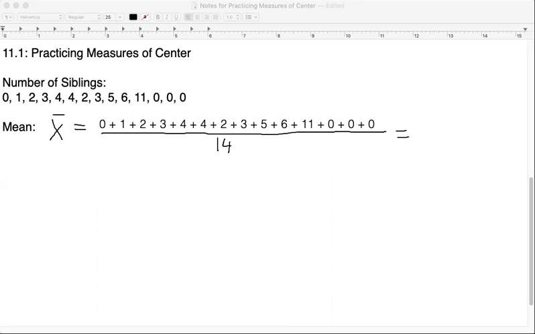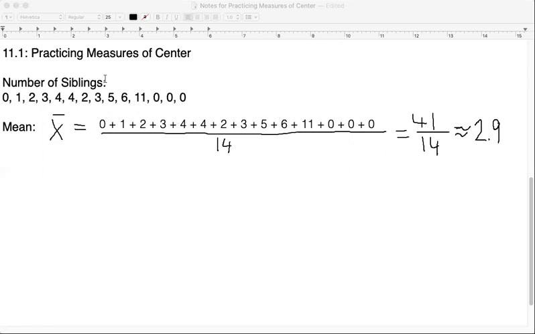Divided by 14, and what we end up getting is 41 divided by 14, which ends up being approximately equal to, I'm going to use this squiggle because I'm going to round, 2.9. It's actually like 2.928 something, but it's approximately 2.9. The 14 is just the number of students. So we have a mean of 2.9. It's just the arithmetic average, pretty straightforward.